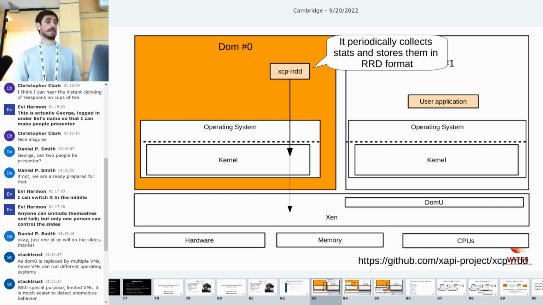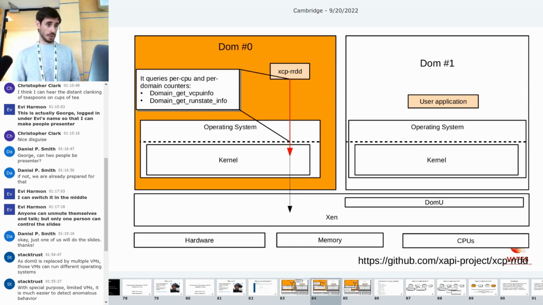In DOM0 we have a tool called xcp-rrdd, which periodically collects stats and stores them in RRD format. Some of the counters or information that this tool gets are, for example, the VCPU info and the run state info.